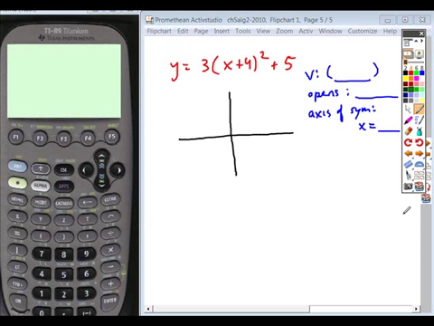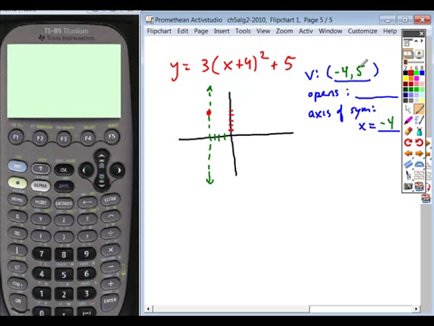Okay, so where's the vertex? (-4, 5). That means our axis of symmetry is x equals -4, so we can sketch that really quickly. And we can plot our point, -4, then 1, 2, 3, 4, 5.